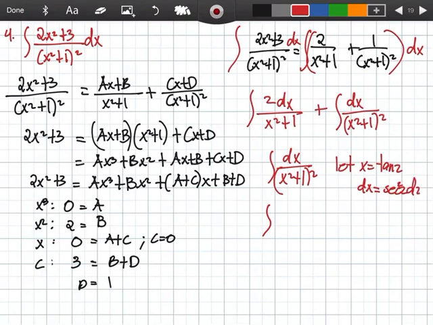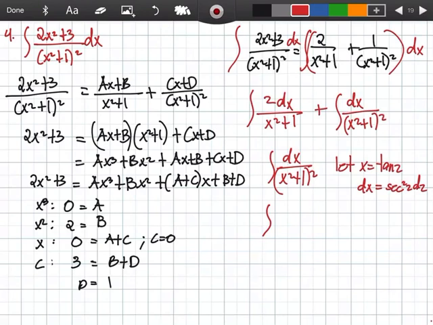Okay, we substitute to make it easier. Let's first solve the 2 dx over x squared plus 1, which is just arctan. And on the other side, tan z, secant squared. So x is equal to tan z, dx is equal to secant squared z dz.